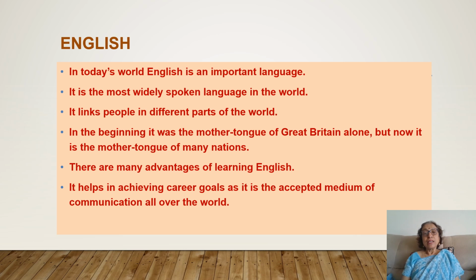Now, you see, so much more can be said about English. I have given you at the basic level some simple sentences about the topic English. The exercise was to write 5 to 10 sentences. So for all the topics we are writing about 5 or more sentences, and we are putting them in the logical order which we learned in the second exercise.